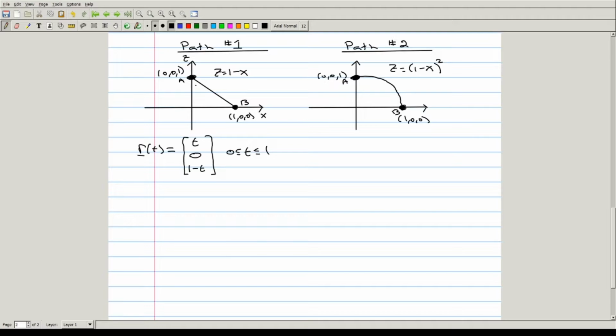This correctly parameterizes this curve. And for our curve r of t on path 2, we'll also choose t for x. So x is t, y is 0, and the z coordinate will be 1 minus t squared. And this is also valid for t from 0 to 1.